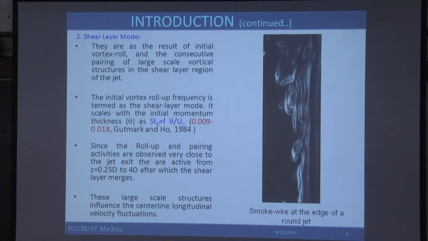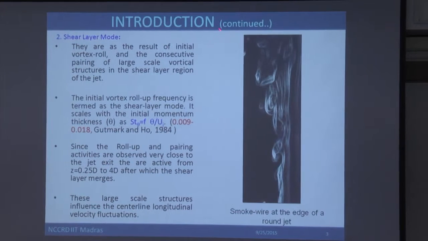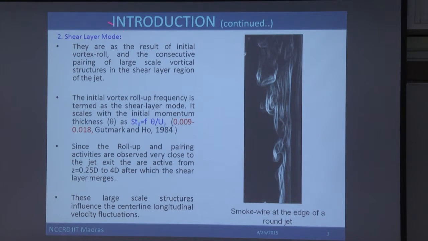And these larger vortices are always unstable because they are bulky. They tend to become more unstable and they dissipate, and then finally they contribute mostly to the fully developed turbulence in the far field of a jet. And this shear layer momentum thickness is believed to be a function of initial momentum thickness. So instead of taking the diameter as a scaling factor as it is done in the preferred mode, we take the momentum thickness as the scaling factor here, and this also falls in the range of 0.09 to 0.18.